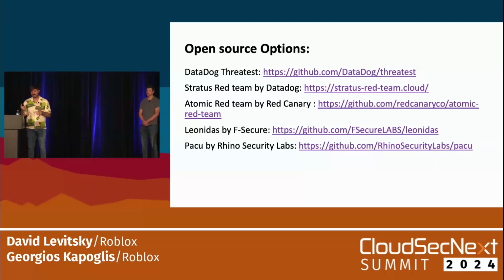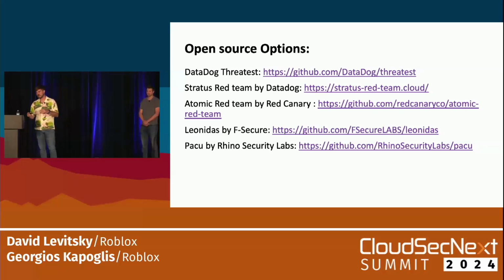And then last but not least, and this is actually the tool that I would recommend to anyone who's not doing any type of validation in AWS, to start with static testing. You can start with Pacu by Rhino Security. They have a ton of out-of-the-box tests for privilege escalation, multiple different paths for privilege escalation. They have very good documentation.